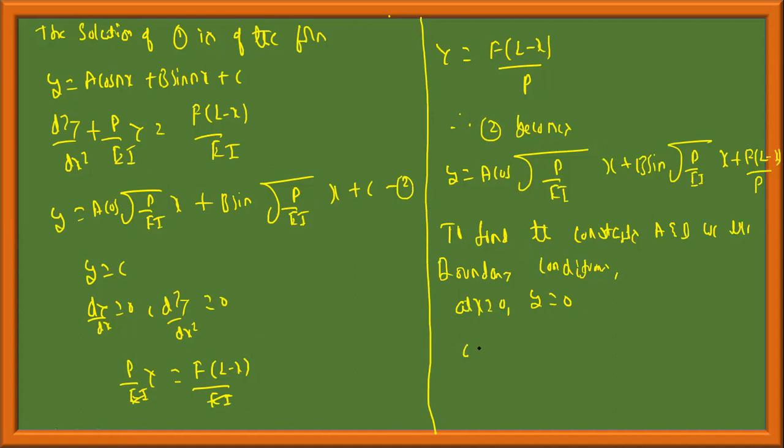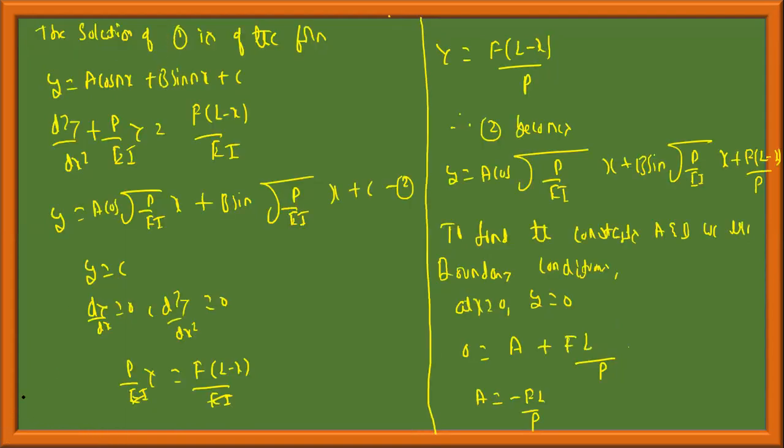So 0 is equal to a cos 0 plus f of (L minus 0) by p, so 0 is equal to a plus f of L by p, or a is equal to minus f of L by p.